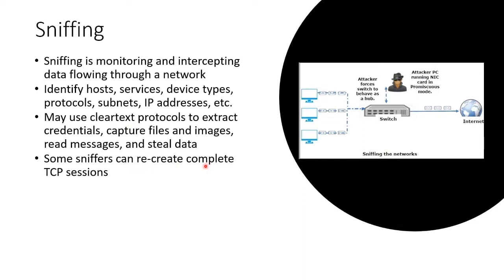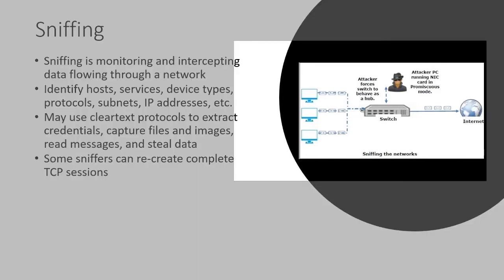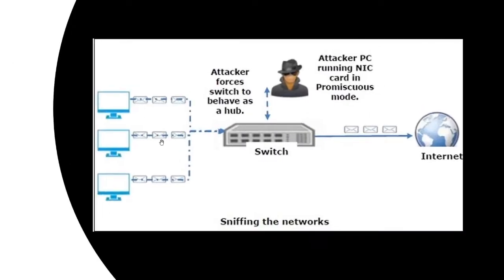Some sniffers can recreate whole TCP sessions, Wireshark, for example. So here are different people doing whatever they're doing, and you're also connected to the switch or the hub or whatever, and listening in on what they're doing, even as they're trying to send email out to the internet or visiting websites or whatever. We will talk about how you can deal with switches versus hubs.